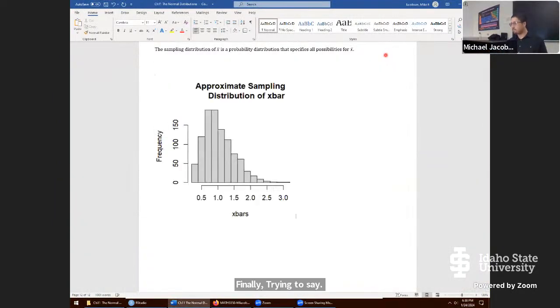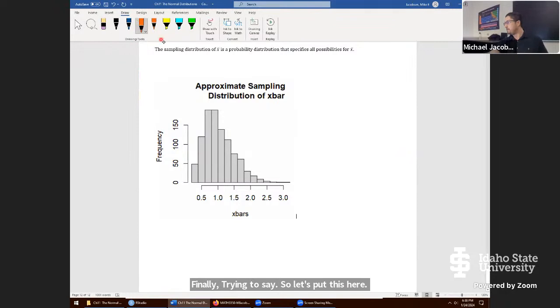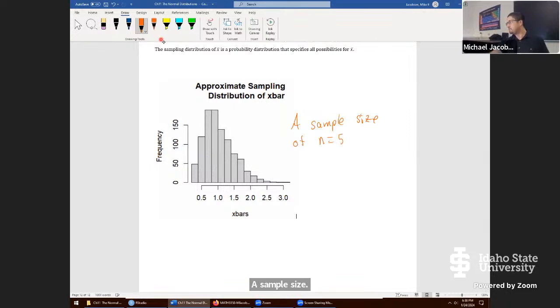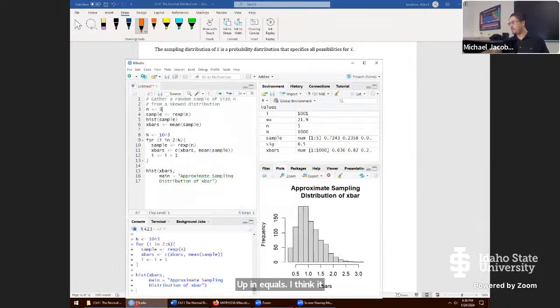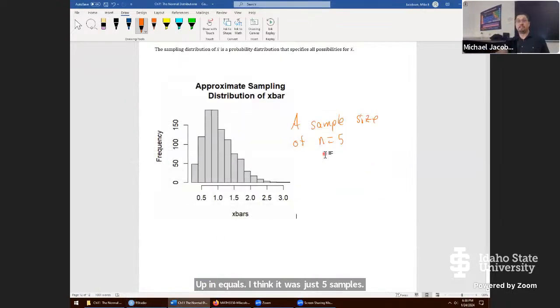So let's put this here. So this is for a sample size of n equals, I think it was just 5 samples. So couldn't afford too much more. Sometimes that does happen.